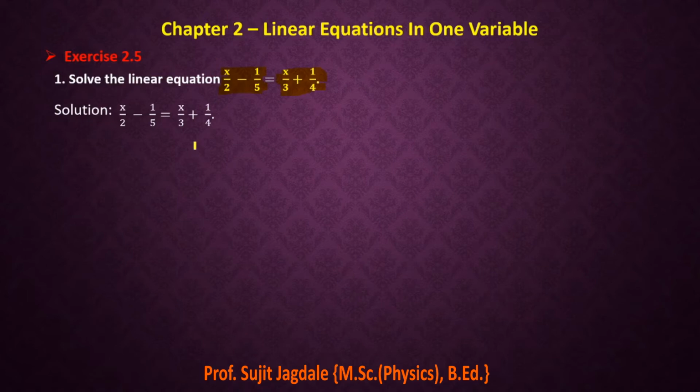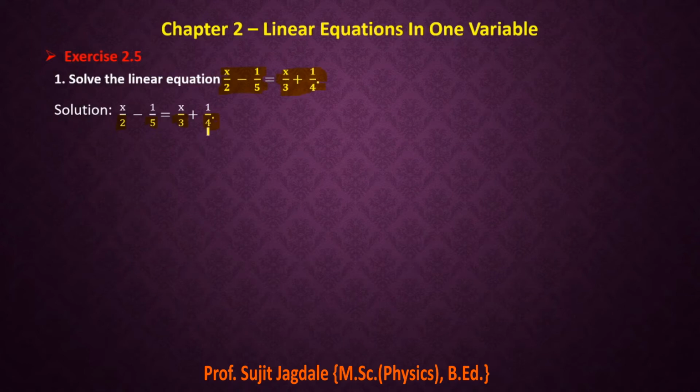Now here we have to consider all the denominators. The first denominator is 2, the second denominator is 5, the third denominator is 3, and the fourth denominator is 4. So we have to consider all the tables: 2's table, 3's table, 4's table, 5's table. We have to count all the tables and find out which number is common in all the tables.